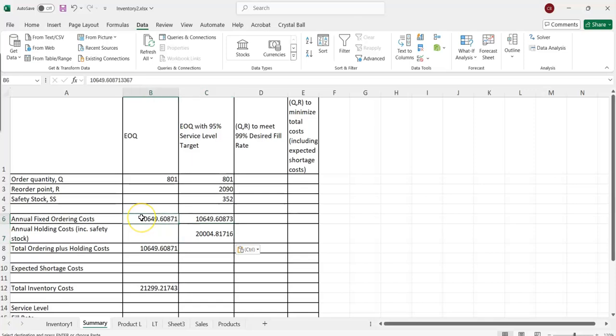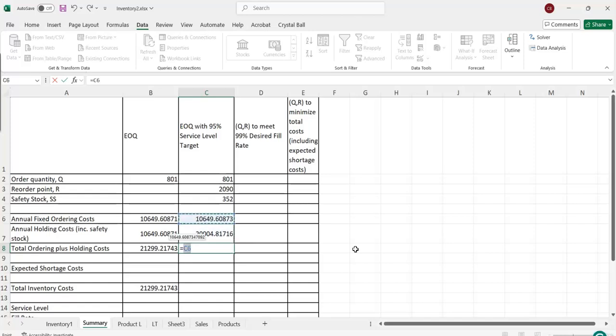And let's see, our holding cost here may not have been correct. That should be... so our total inventory cost for EOQ should be $21,299. And then our total holding cost plus ordering cost here, now that they're capturing the safety stock, are significantly higher.